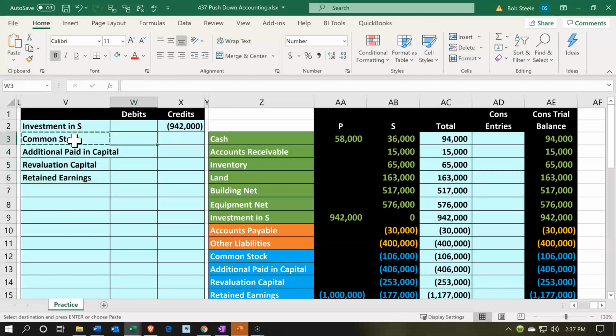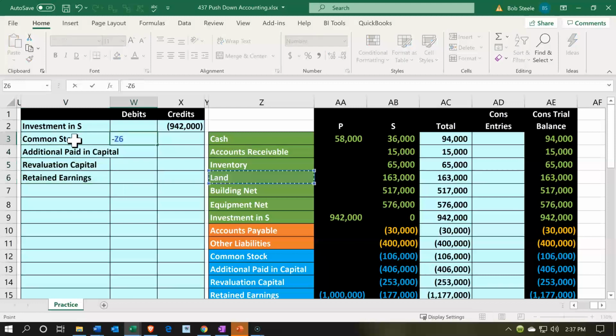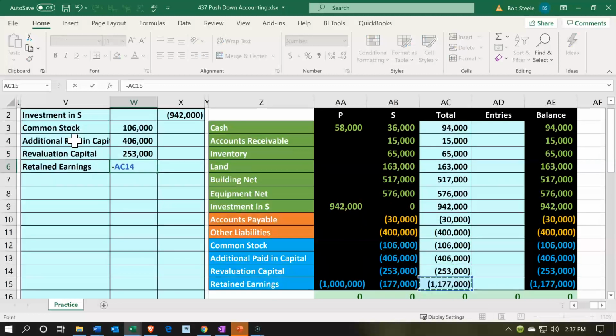And then I'm just going to pick up these amounts, which is going to be the 106 common stock, negative of the 406 additional paid in capital. The revaluation is going to be removed here. And then the retained earnings for S. And then there it is.